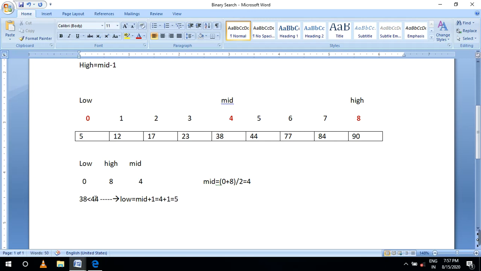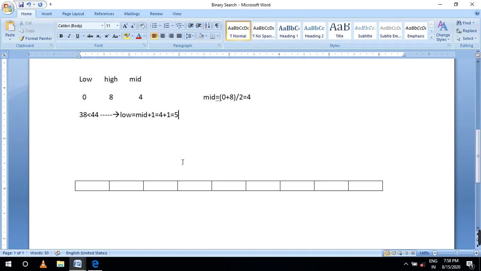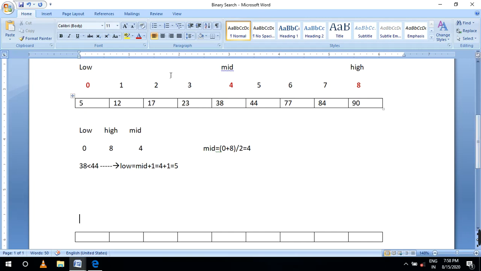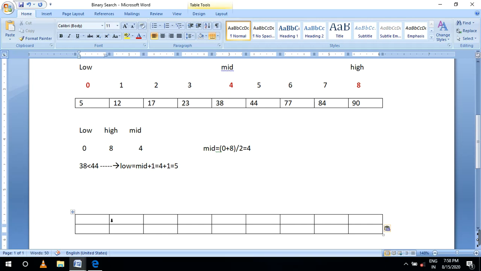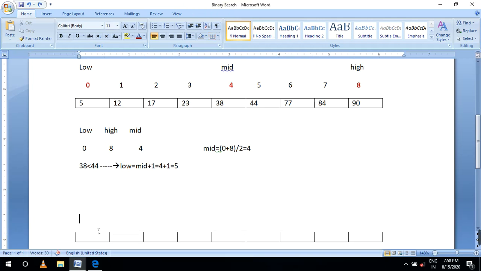So now the mid value changes. If you are giving the same thing, I just copy it. It does not work, so I type it.